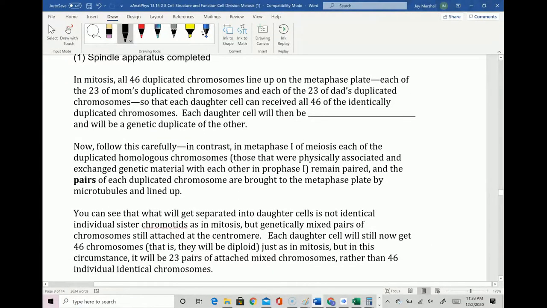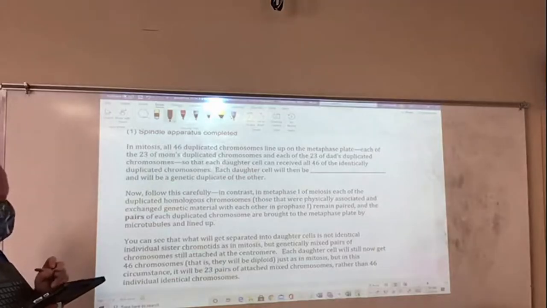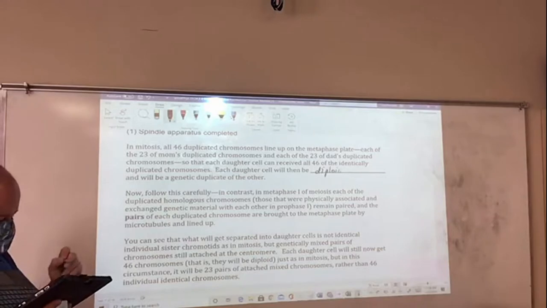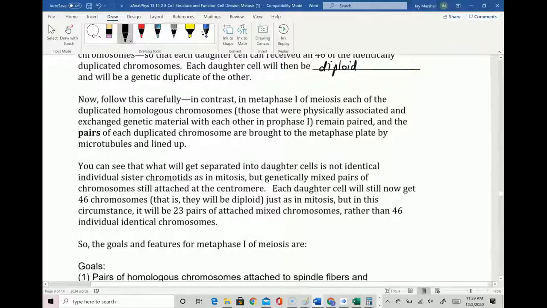In mitosis, all duplicated chromosomes line up on the metaphase plate, each of 23 moms and each of 23 dads, so that each daughter cell can receive all 46 of the identically duplicated chromosomes. Each daughter cell will then be diploid and genetically identical.